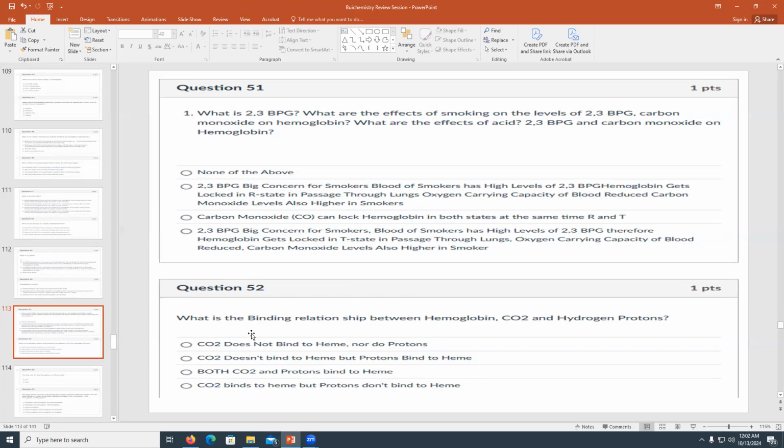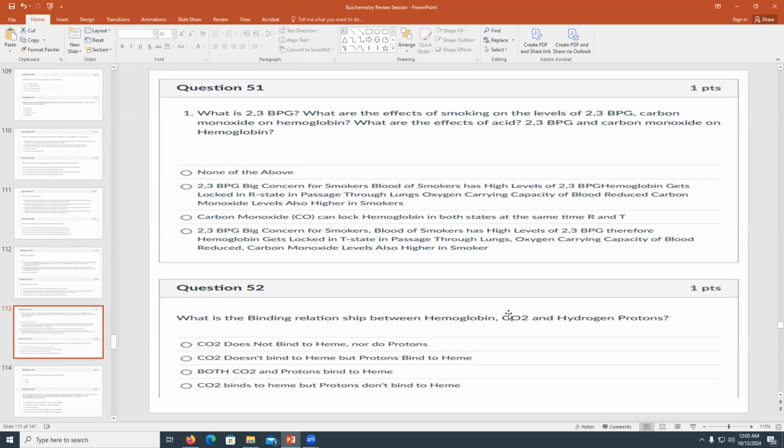But carbon monoxide is going to get between carbon dioxide and hydrogen protons and hemoglobin, emptying it from oxygen, getting it from the R state to the T state. The carbon monoxide is going to lock hemoglobin in the R state, preventing carbon dioxide and the protons from binding to it. So the question should have said, in the condition of carbon monoxide poisoning.